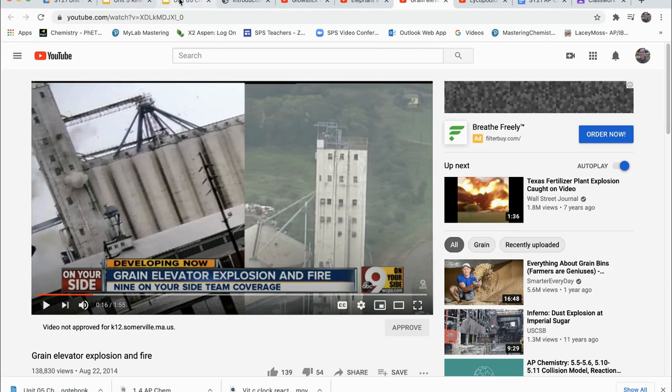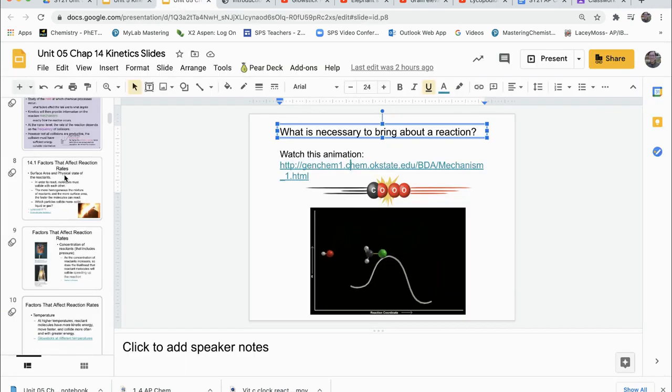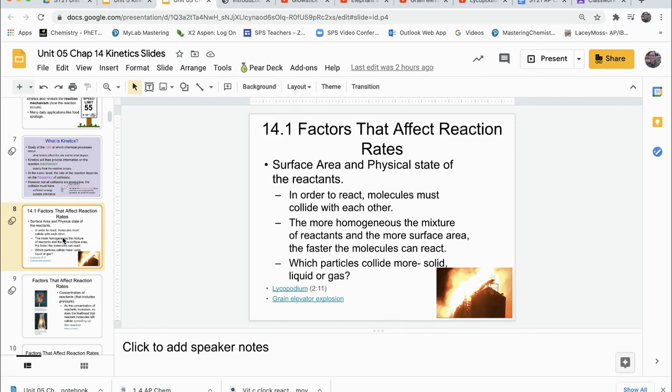So that is the surface area and state of matter, the factor that affects the reaction rate. So the more surface area, the more gaseous, and more homogeneously mixed these reactants are, the faster they will react.